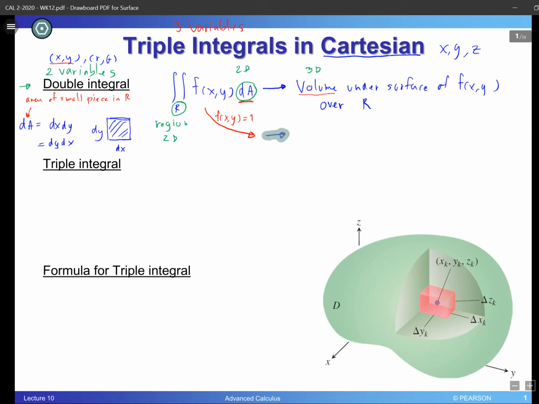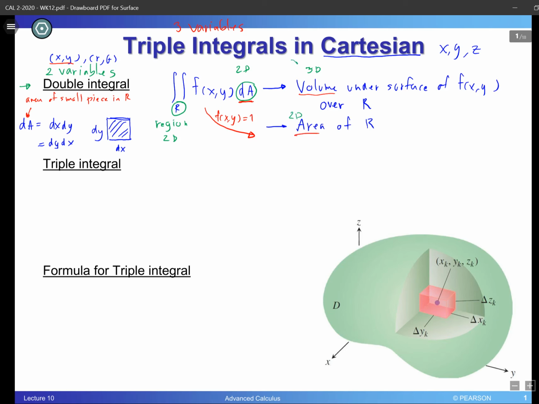So this becomes area of the integration domain R. In this case, this double integral corresponds to a quantity in 2 dimension. So I just want to point out that when you perform a double integral, it doesn't have to be 3D always. Sometimes it can be 2D as well. It depends on how you use it.